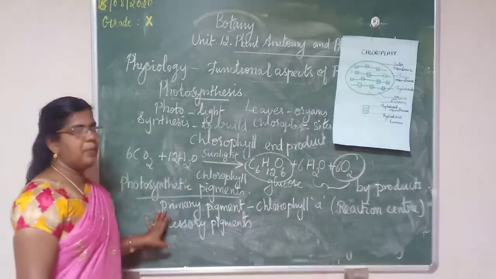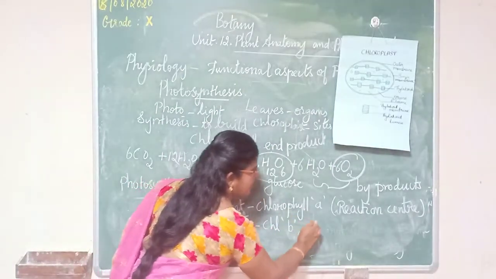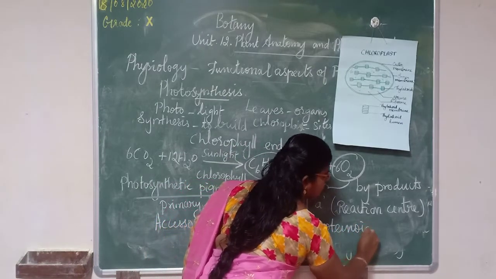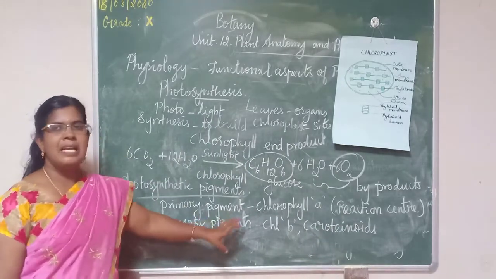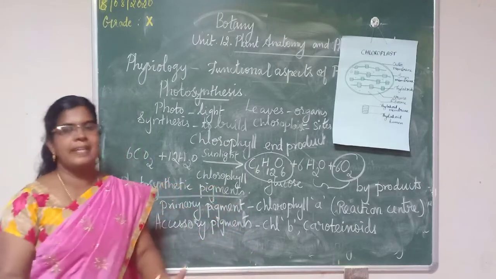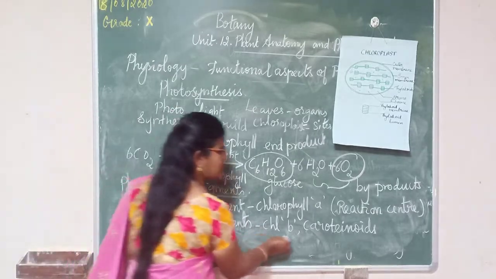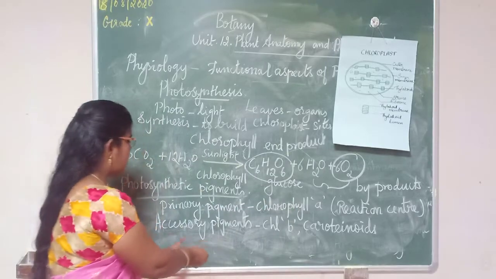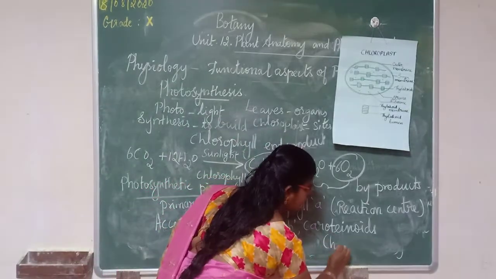The accessory pigments are chlorophyll B and carotenoids. These pigments are called accessory pigments because they absorb light energy and pass it on to chlorophyll A. They are also called harvesting centers.